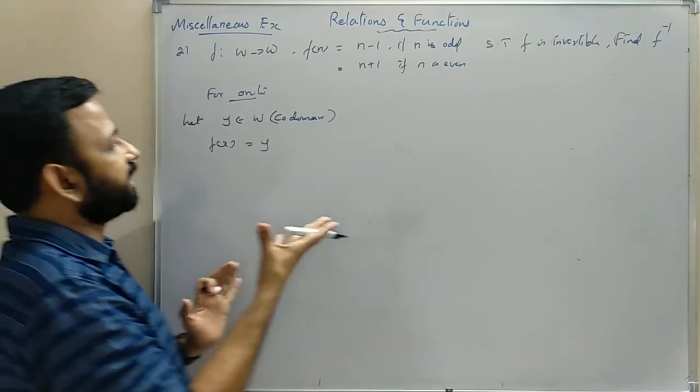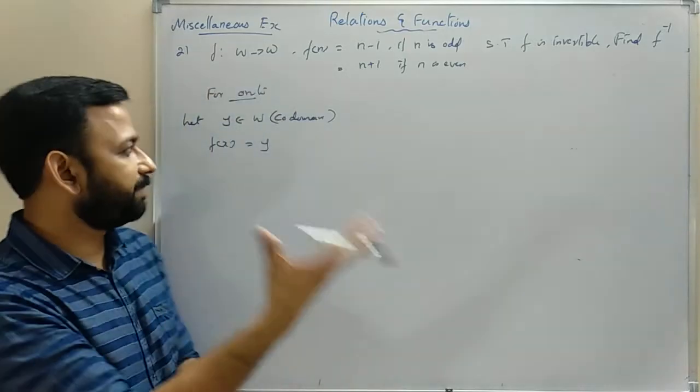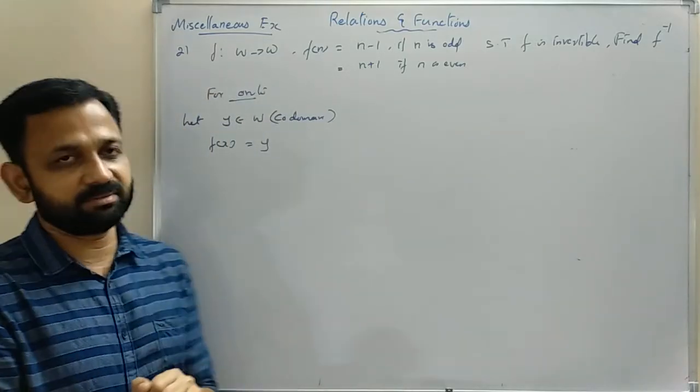And here the codomain is the set of whole numbers, so y can be an odd number or an even number.